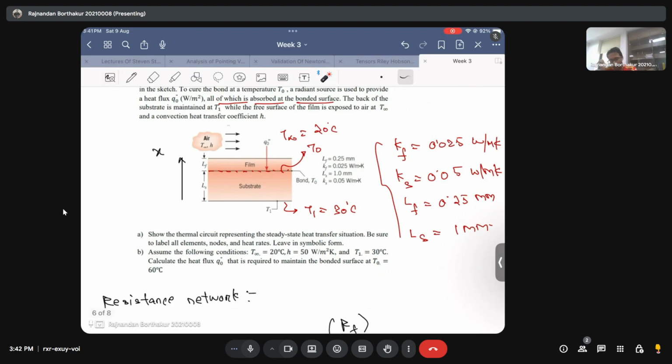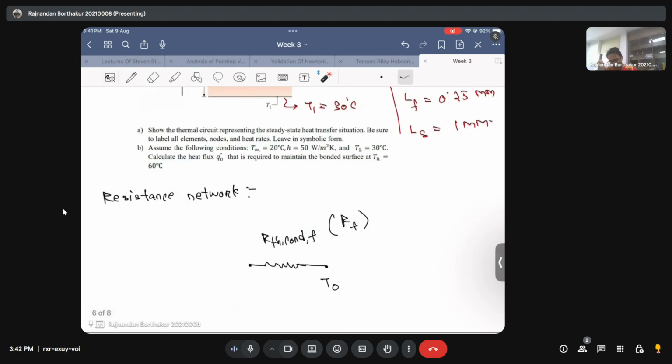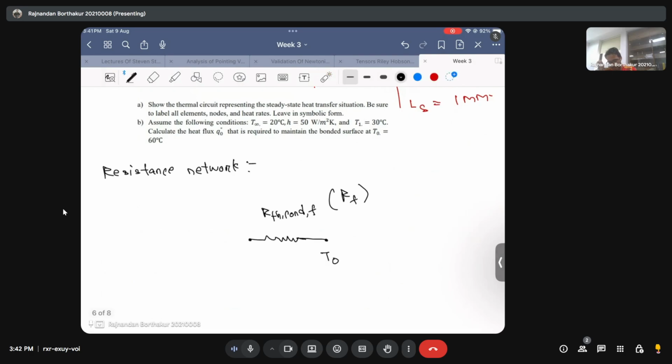This means there will be further heat dissipation from the surface of the film to the surrounding air. This is where you get another resistance, the convection resistance of this system, which we will call R convection, R conv.